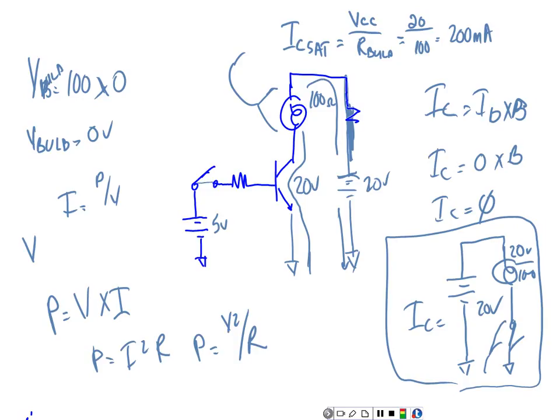Okay, now what I need to do is calculate IB. So how would I calculate IB? Well, that's what we're trying to do. We're going to calculate IB going backwards, right?